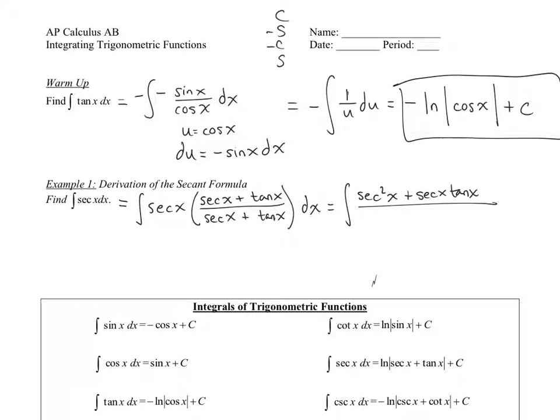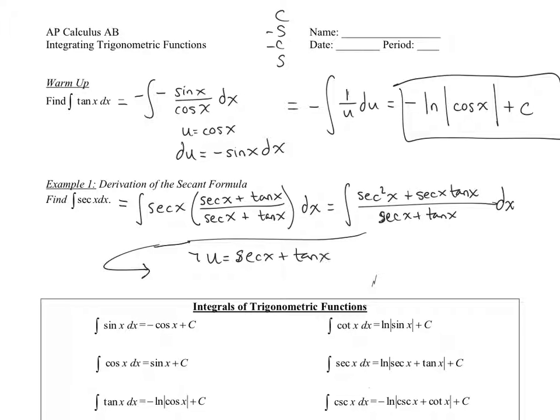all over secant x plus tangent x dx. And if I choose my u to be secant x plus tangent x, then my du is going to be what?